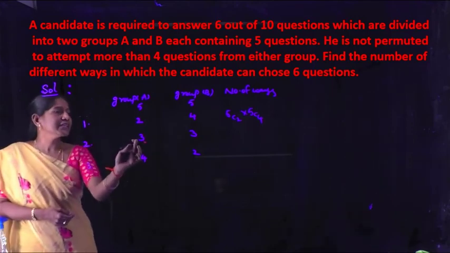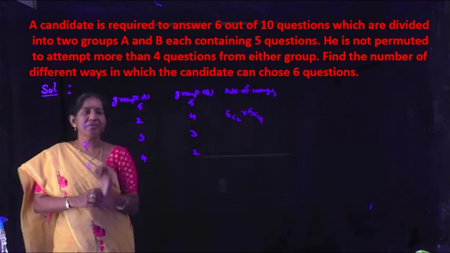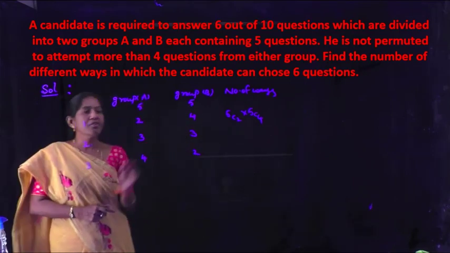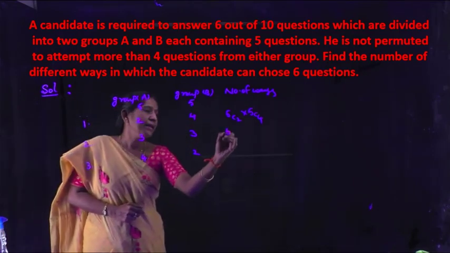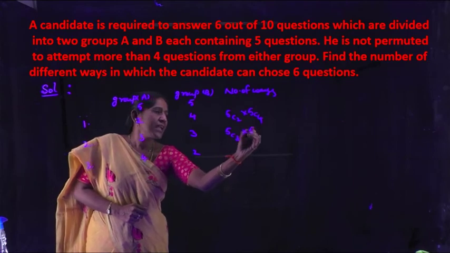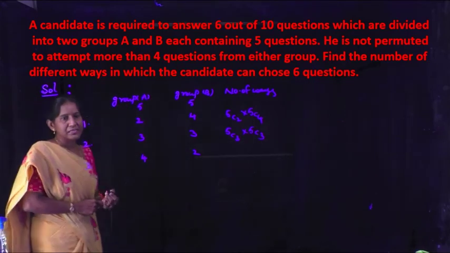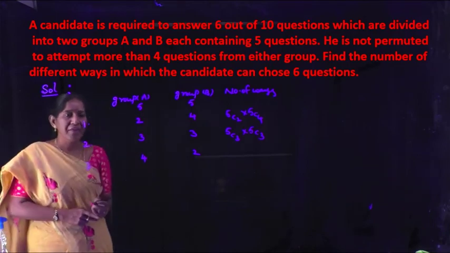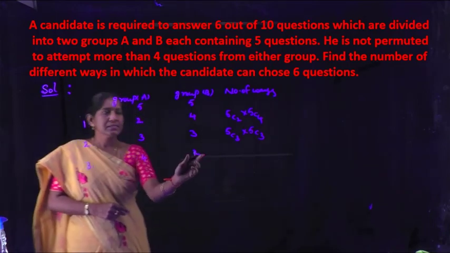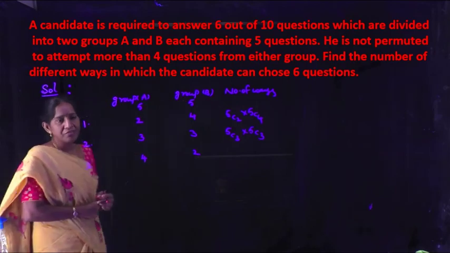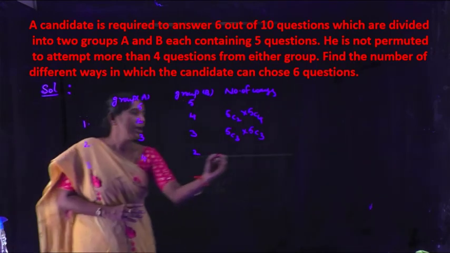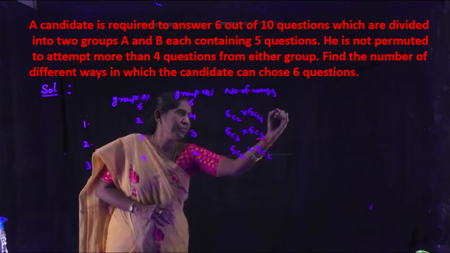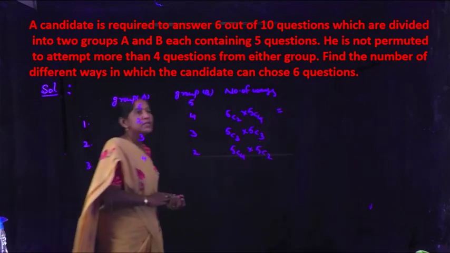Or select 3 questions out of 5 questions and select 3 questions out of 5 questions can be done in 5C3 into 5C3 ways. Or select 4 questions out of 5 questions and select 2 questions out of 5 questions can be done in 5C4 into 5C2 ways. Then write the values of these.